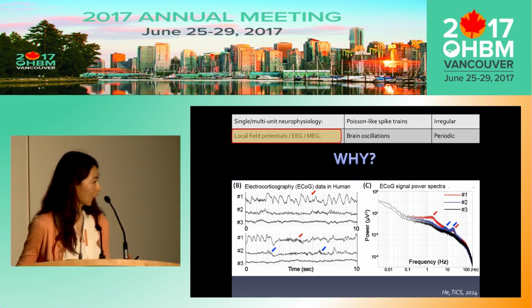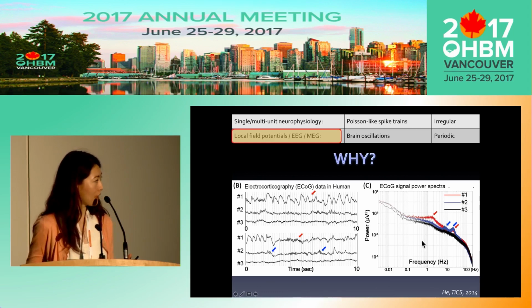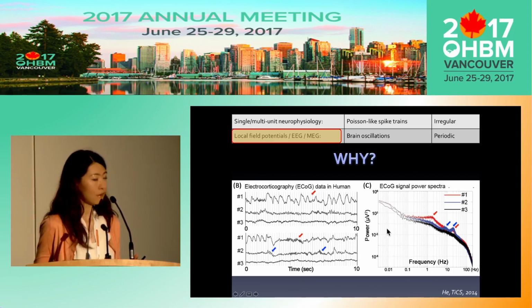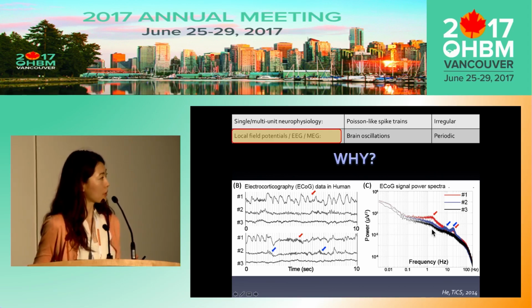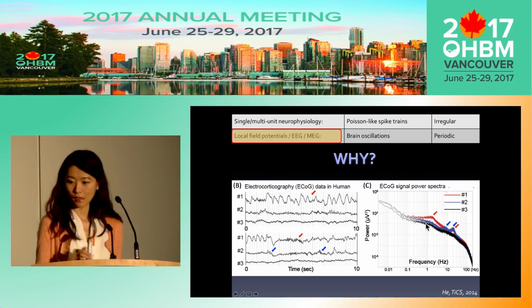If you look at their activity in the power spectrum in the frequency domain, you'll see that all of them follow this 1/f-like pattern, which means that power falls off as the inverse of frequency to an exponent, which shows up as a roughly linear plot on a log-log plot. And on top of this so-called 1/f spectrum, there are peaks at different frequencies that correspond to different brain oscillations.